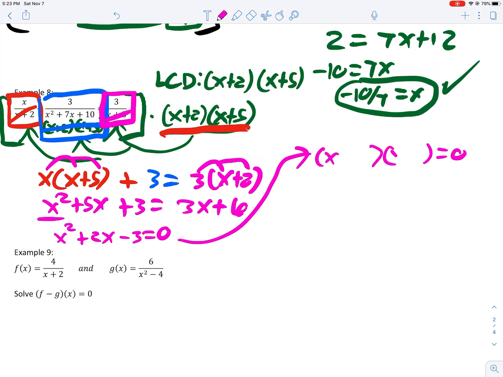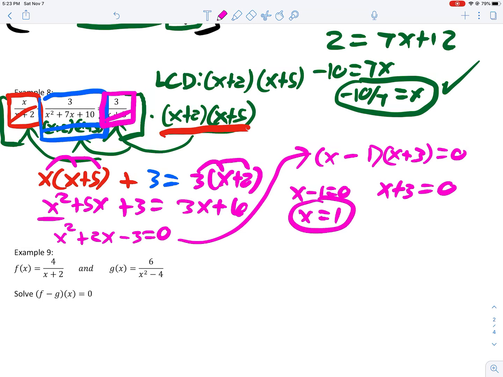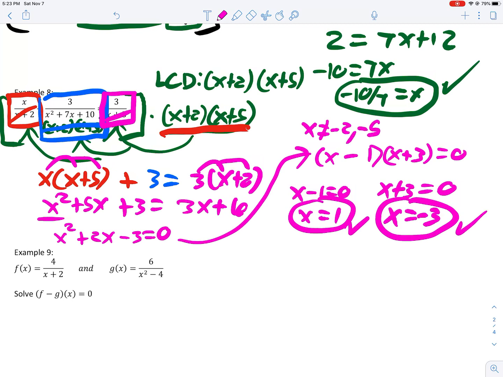So we have x times x. 3 is prime, so 3 and 1. It's a plus 2, so plus minus. So set each one of those factors equal to 0, like we've been doing for unit 2, unit 3. So we get 1, and we get negative 3. And x cannot equal negative 2 or negative 5. So we are good for both answers.